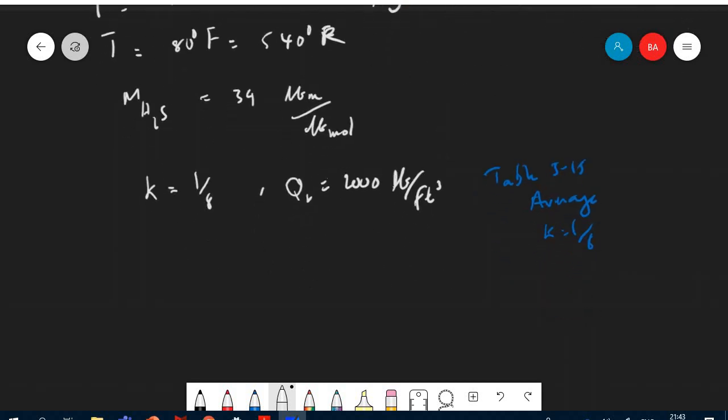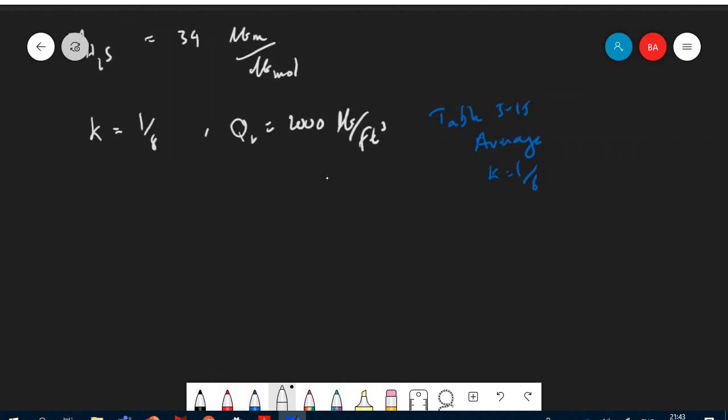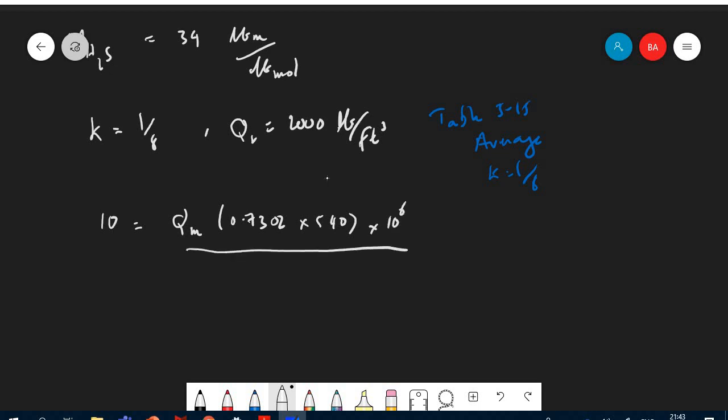That looks really good, and all we need to do now is substitute. So 10 is equal to QM multiplied by 0.7302, that's the R, multiplied by 540 Rankine, times 10 to the power 6, divided by 1/8, which is the K value, multiplied by the QV.